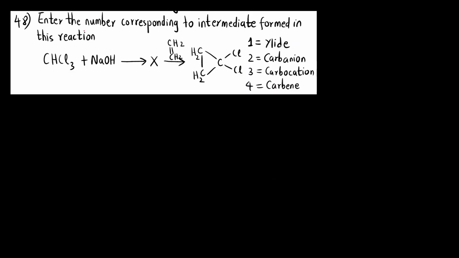Next one, 48. Enter the number according to the intermediate formed in the reaction. This is a reaction between CHCl3, chloroform, and a base, NaOH. Some intermediate is formed that will react with this ethene and form this compound. We have to find out the intermediate X. Let us see the reaction.